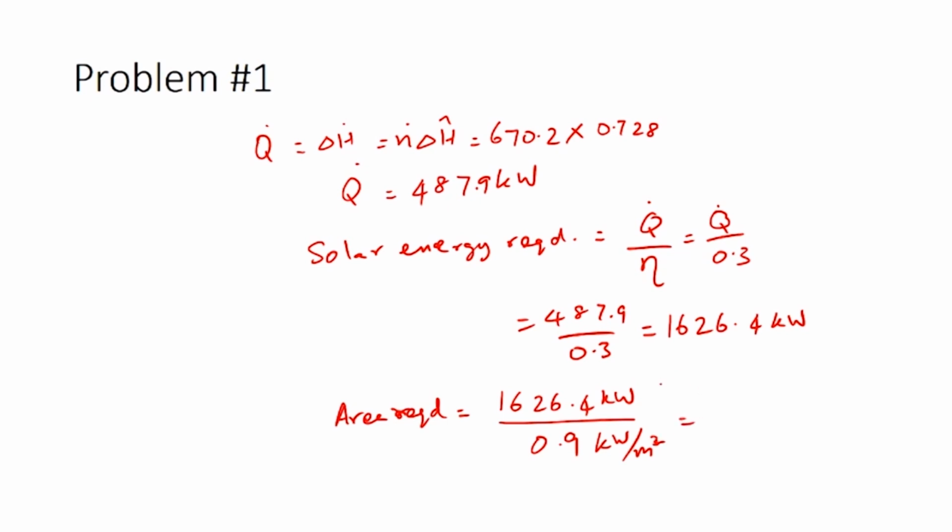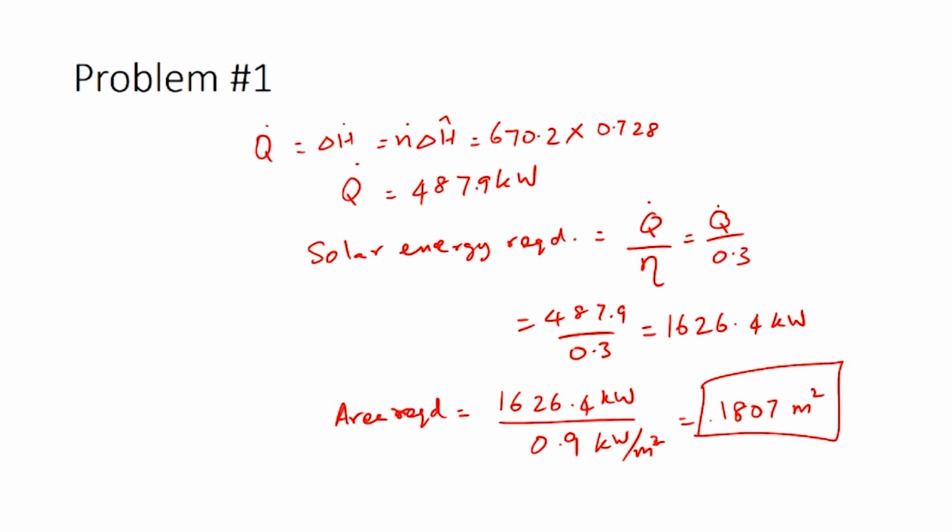This would give us the area required as 1807 meter squared. So, we would require 1807 meter squared of solar panels for the given problem, so that we can heat air from 30 degree Celsius to 55 degree Celsius.